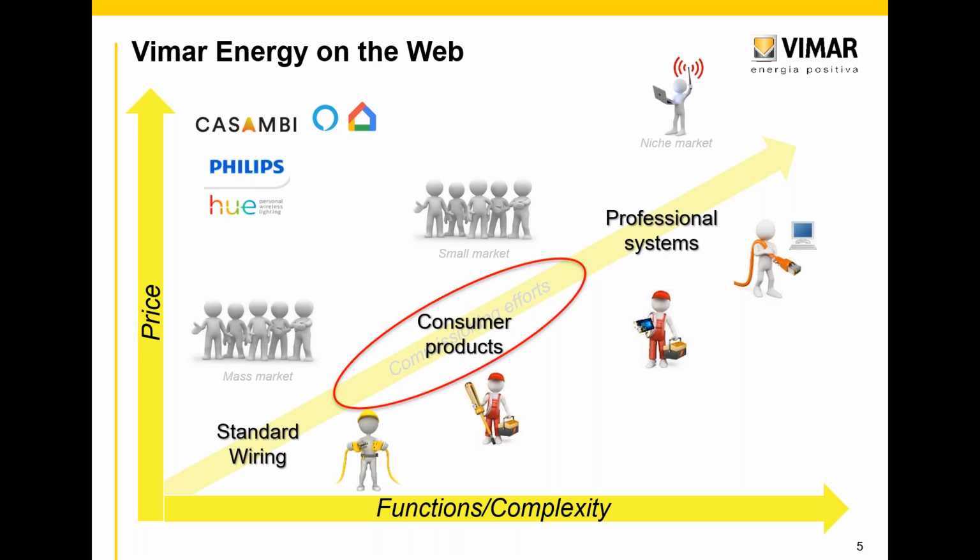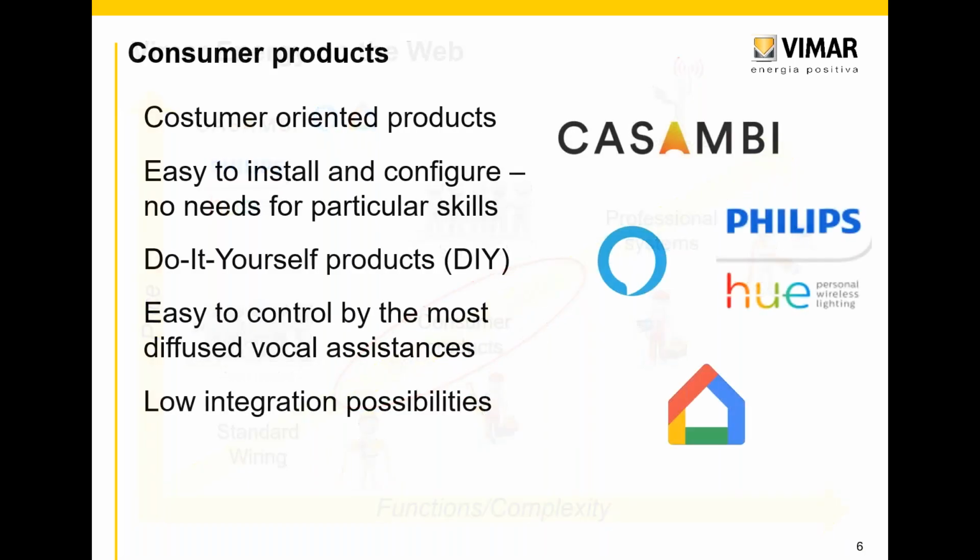The first is the standard wiring that everybody knows worldwide, and then there is a part called consumer products. The typical consumer products are the ones you can find on the web, on e-commerce, that usually are plug and play. So very easy to install and configure, with no need for particular skill.